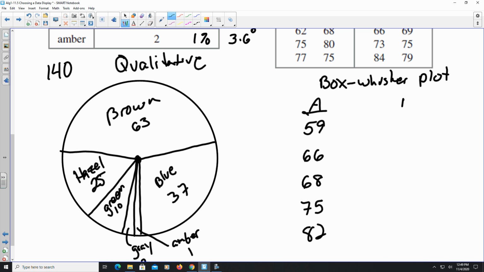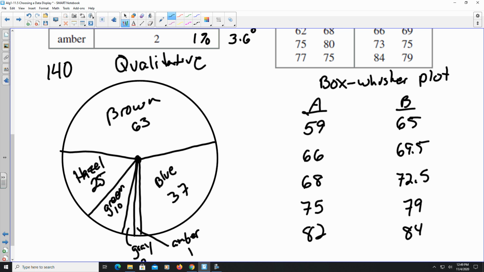If we looked at Interstate B, my smallest value is 65. My first quartile is going to be 69.5. My median is 72.5. My third quartile was 79, and my largest value was 84.